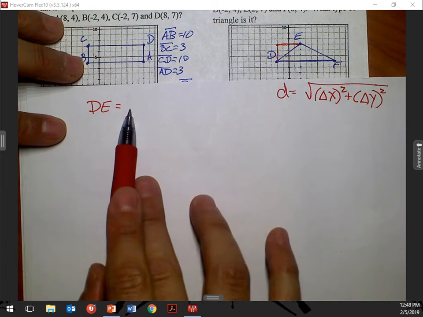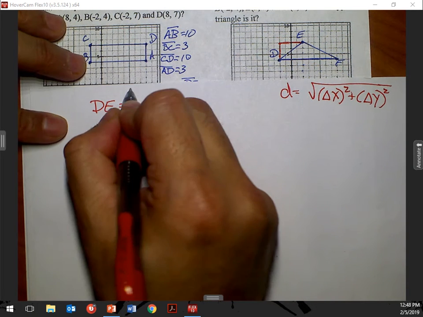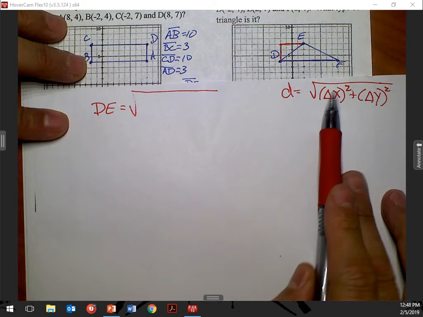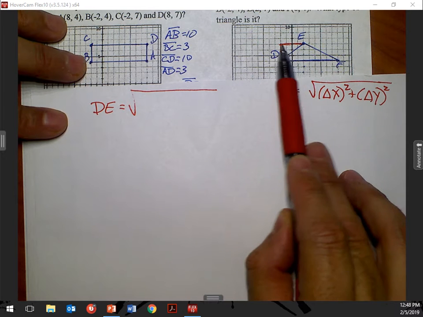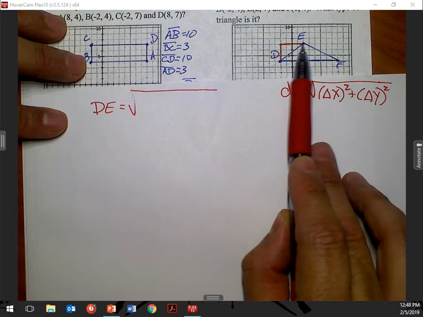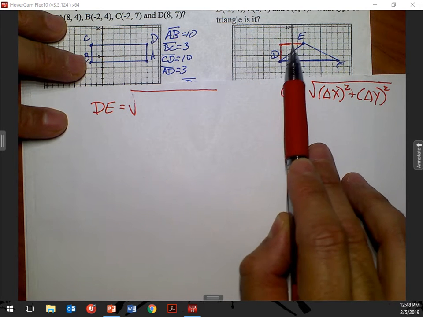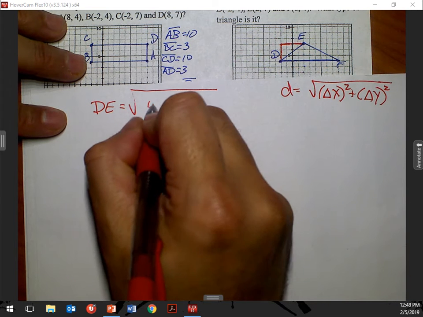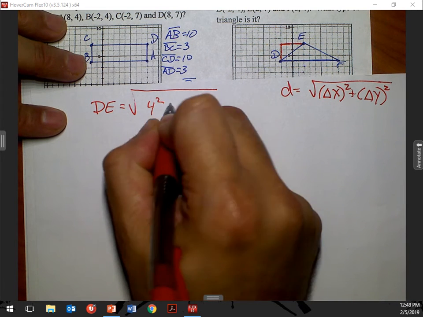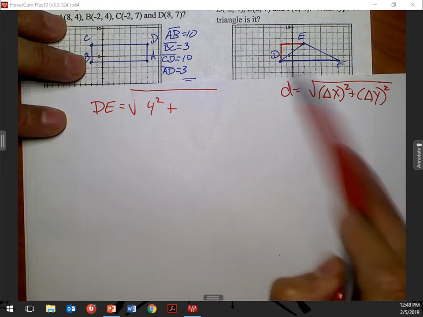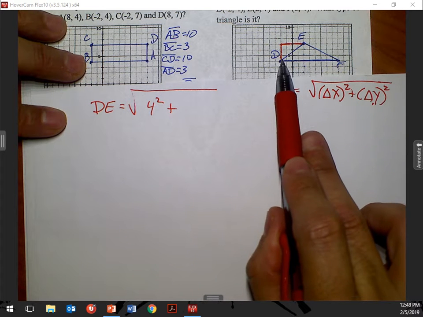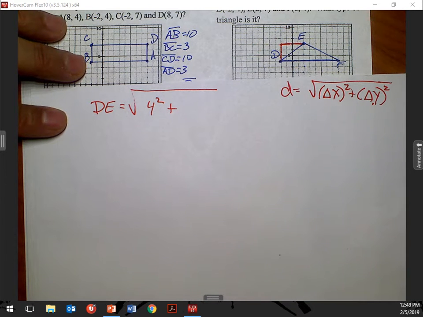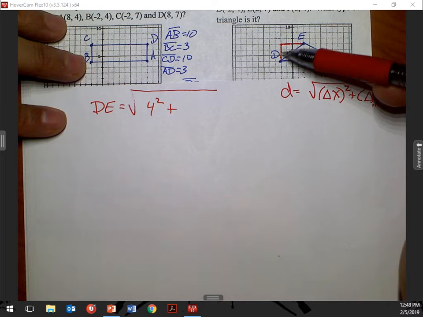So for DE, it's going to be the square root of, in the x direction, that's going this way. How far in the x direction are they apart? 1, 2, 3, 4. So I put 4 squared there, plus y direction. How far in the y direction? That's going to be 3, so 1, 2, 3.